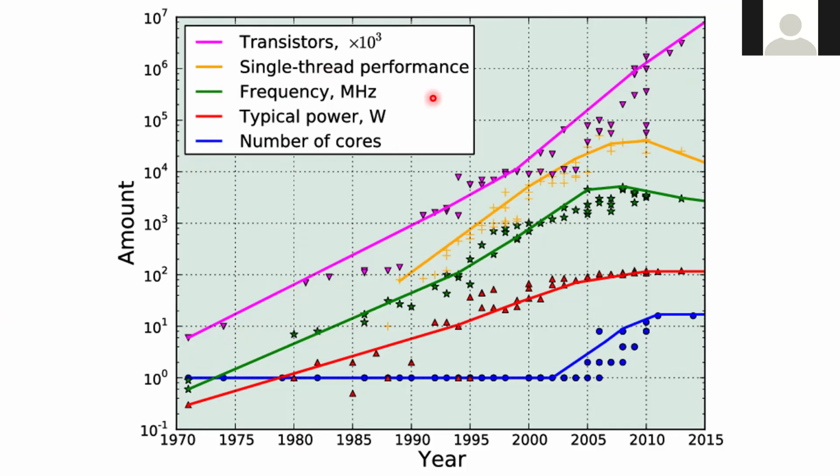The single-threaded performance, the yellow line, you can see there is a decrease after it gets to a peak point, and so this is not scaling as well as the number of transistors. And why is that?